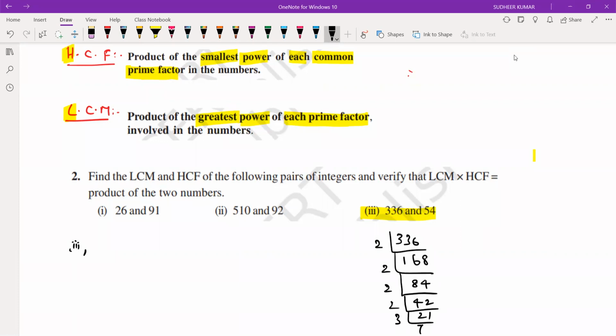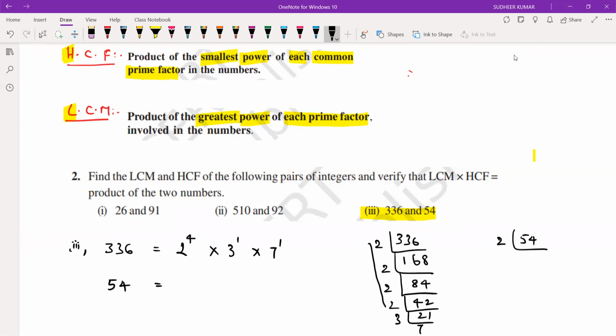Prime numbers 3 and 7. So 336 can be expressed as 2 multiplied 4 times. Write in powers: 2 power 4 into 3 power 1 into 7 power 1.